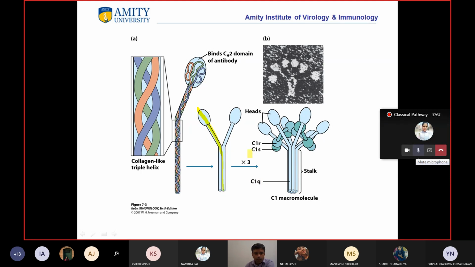In this image, it looks like a flower bouquet, right? You can see it has C1Q, 2 molecules of R and 2 molecules of S, right? So this is your C1 macromolecule. Clear?